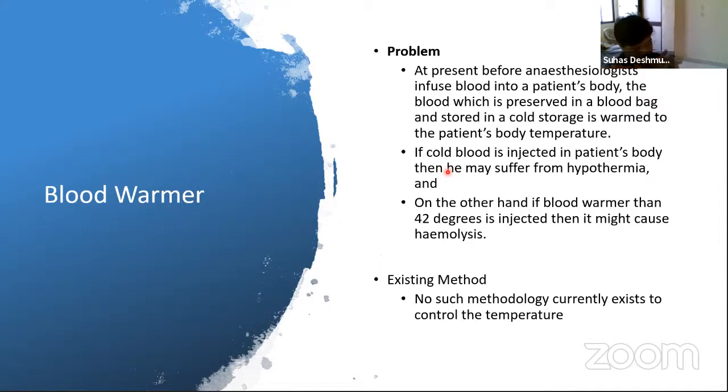In that case, when you increase the temperature of the blood, there is a limitation of blood stability, for whatever components of the blood, white blood cells, red blood cells. As we increase the temperature, they get damaged, and they will not be as useful when going into the patient's body.